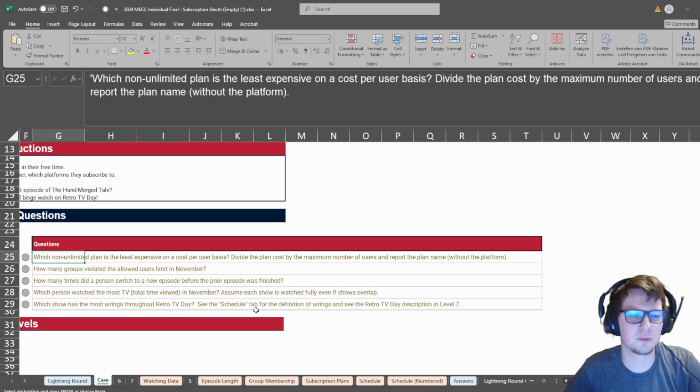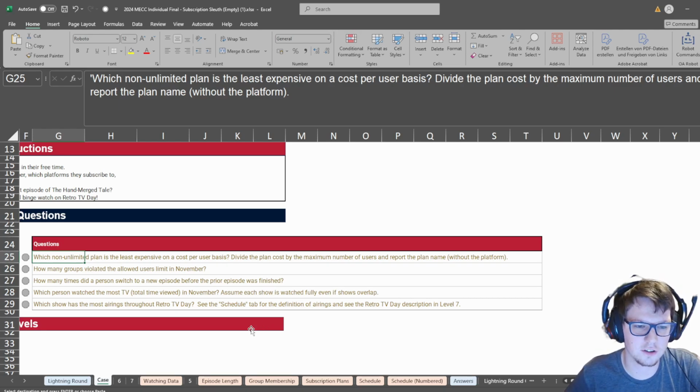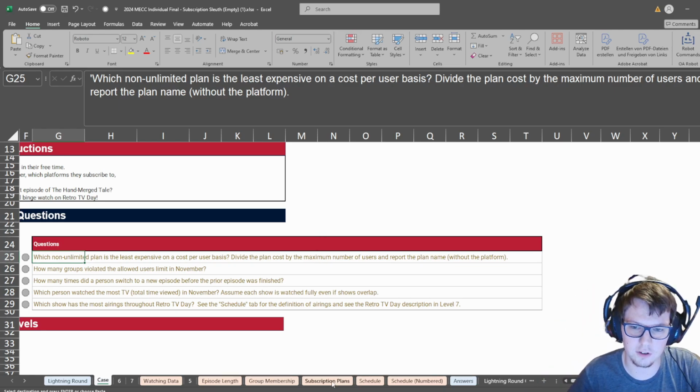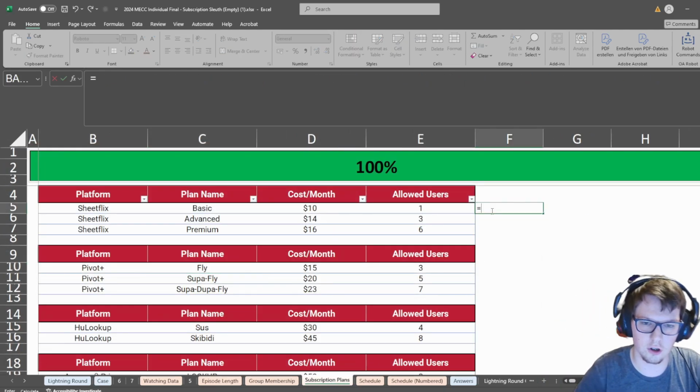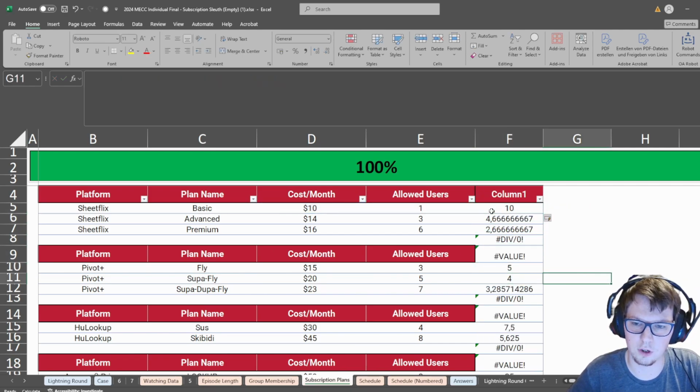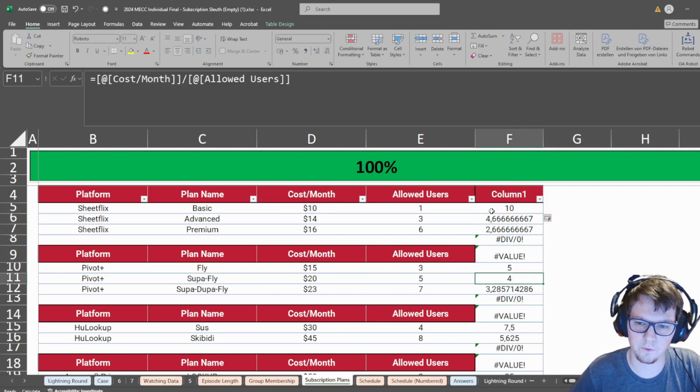Which non-unlimited plan is the least expensive on a cost per user basis? Divide the plan cost by the maximum number of users and report the plan name without the platform. So all we have to do is do this.